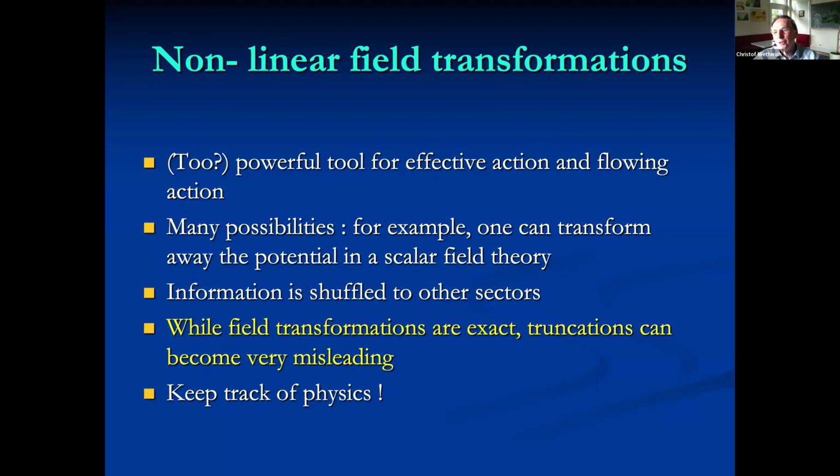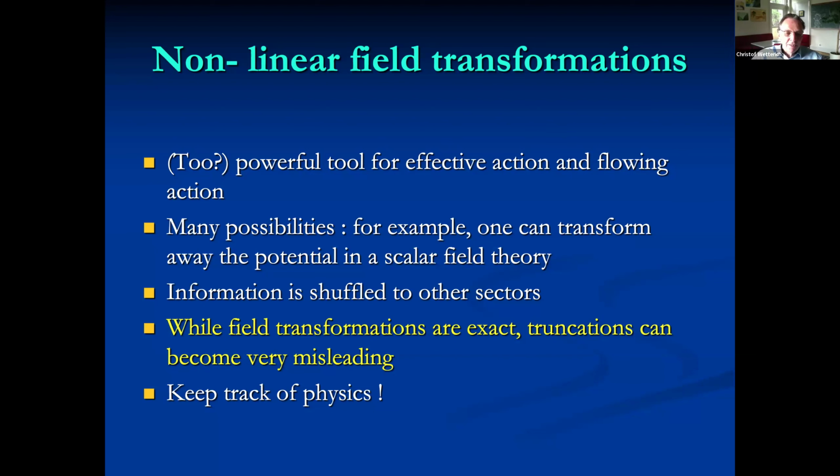You do not really want to transform important physical information into sectors that are much less accessible and where you then have much less resolution on truncation. That's the real danger, and that is what you should also keep in mind for gravity, where we often do not have a very good oversight on many correlation functions and their behavior, and where if you're too crude, it's easy to make errors.